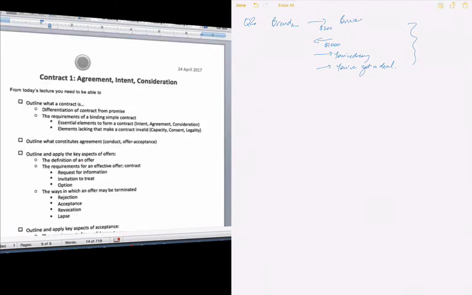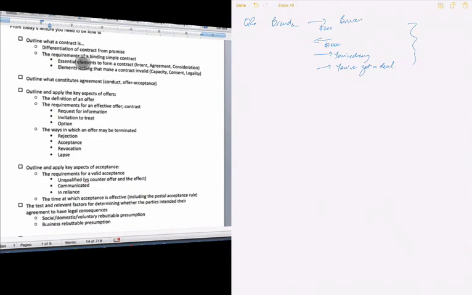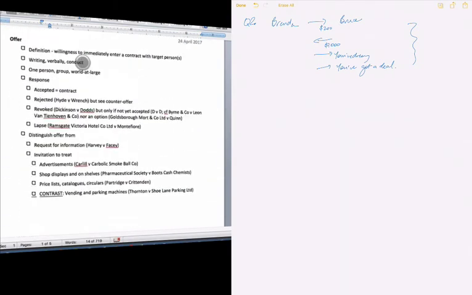So if I go to week 8, which is about agreement, we have an offer, definition, what it is, what it can be made to, the response, it can be accepted or rejected, Hyde and Wrench. Okay, Hyde and Wrench is in here as our particular case.